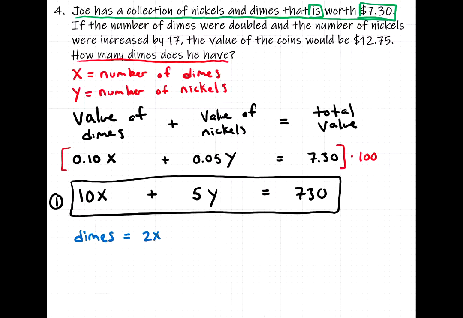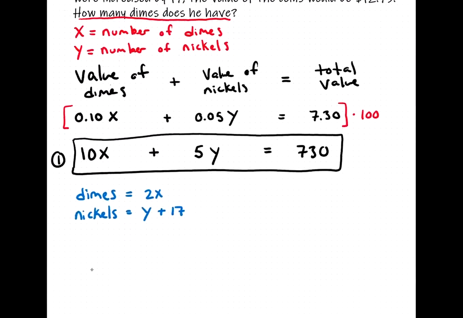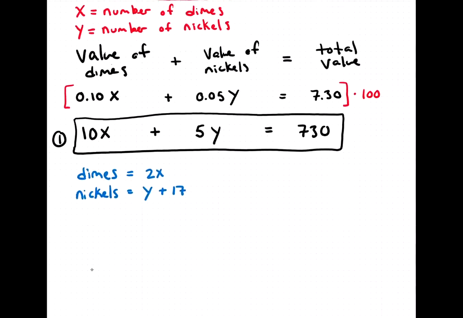And the number of nickels were increased by 17. So we had y nickels, and then we add 17. Then the total value becomes $12.75.